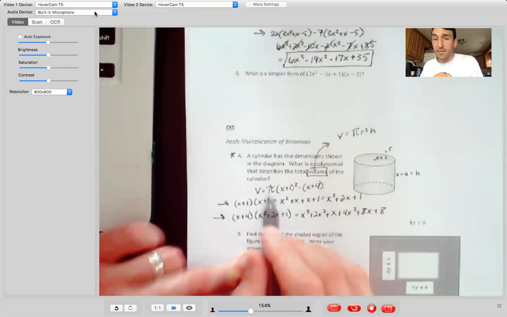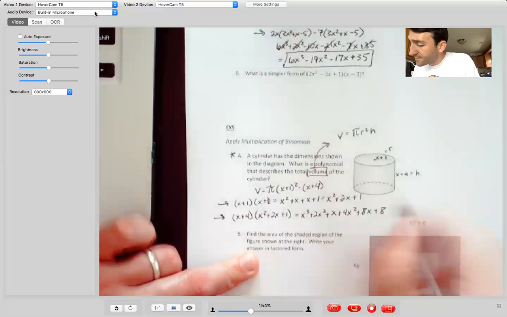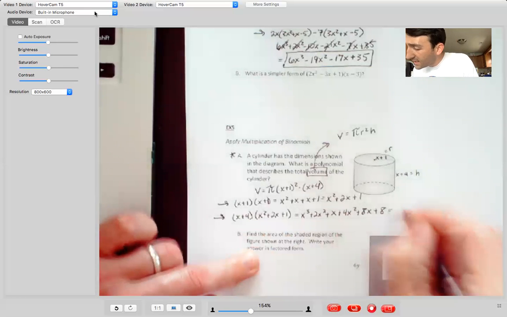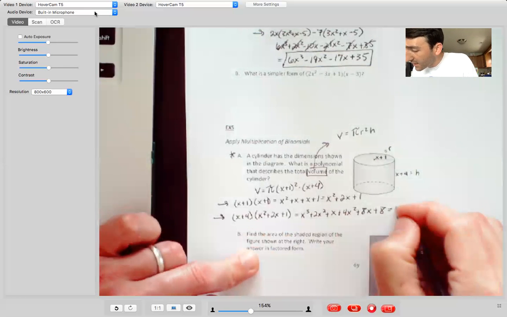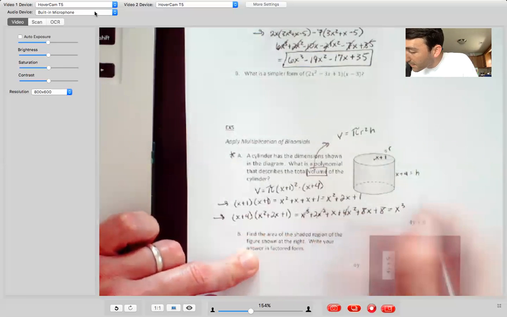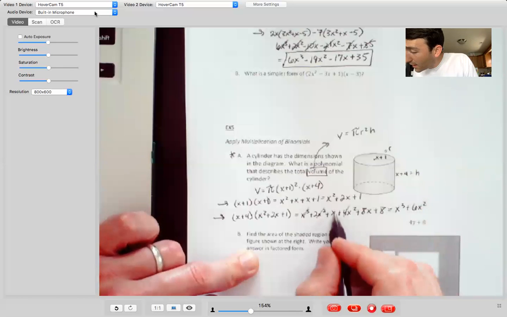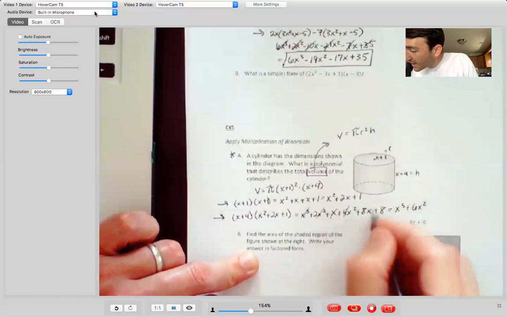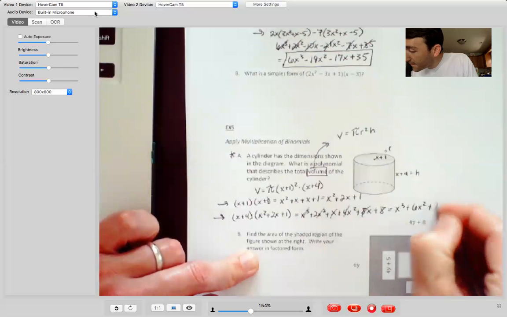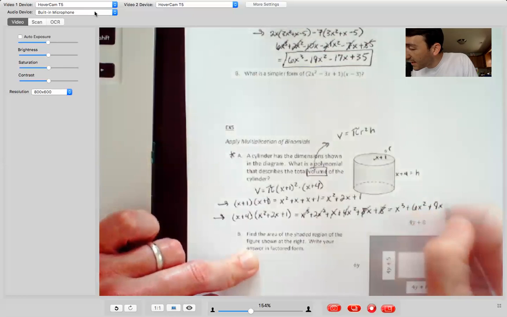And we're going to also remember that it's that times pi. Anyways, when we combine like terms, we get x cubed, and then 2 plus 4 gives me 6x squared. 1 plus 8 gives me 9x. And plus 8 stays plus 8.